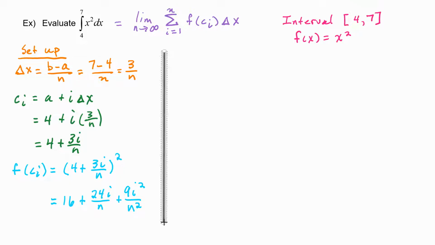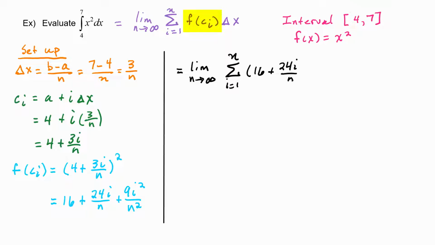Now we are ready to plug this in to this limit definition for definite integrals. So this becomes the limit as n goes to infinity, summation i equals 1 to n. We have to put in f of c sub i, which we just found, is 16 plus 24i over n plus 9i squared over n squared.